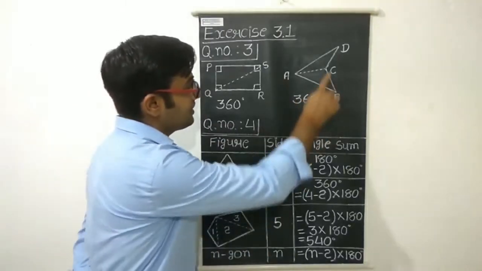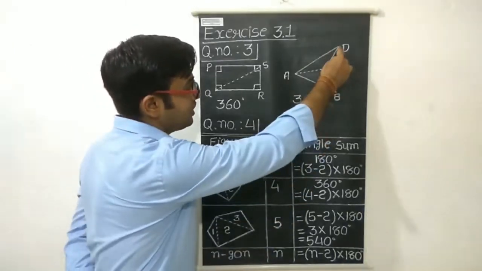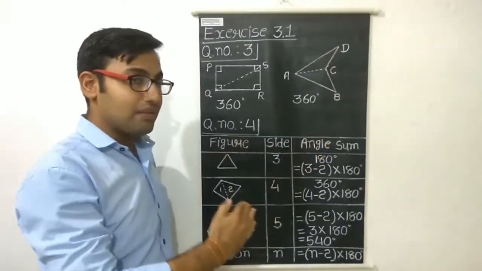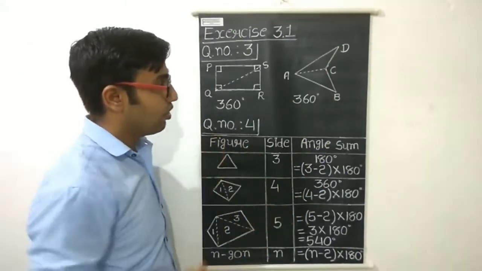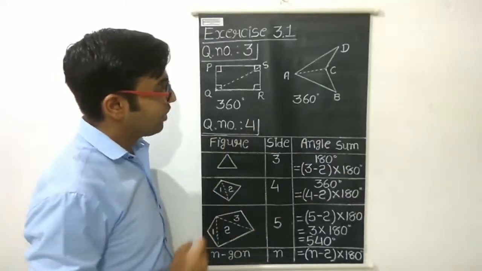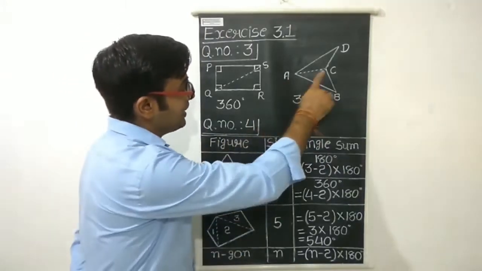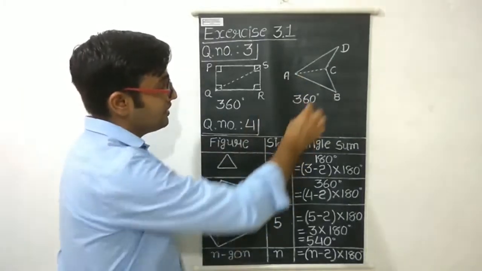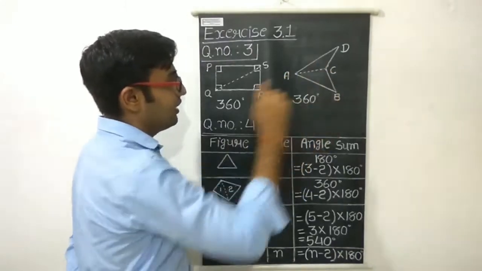Let's suppose ABCD is a concave quadrilateral. Why? Because if we join this diagonal BD, it remains outside the figure. So that is why it is a concave quadrilateral. Now, what will happen if we join this diagonal AC? Then again this quadrilateral is divided into two triangles, ACD and ACB.